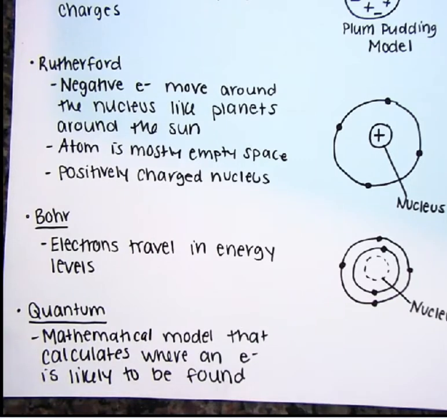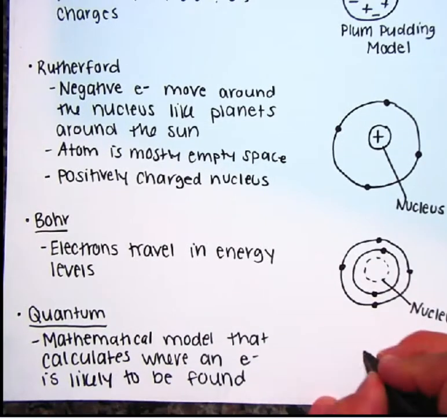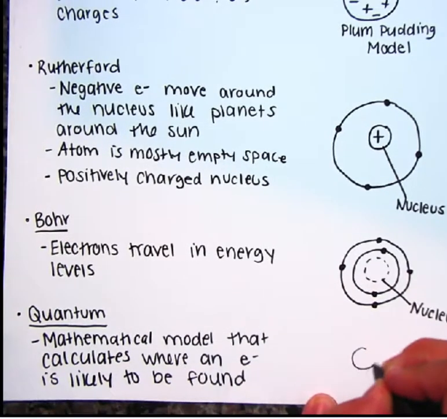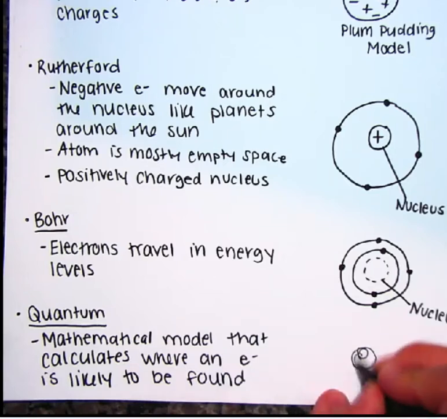This model is much more complex. So let's say this is an orbital. It's a region where an electron is likely to be found.